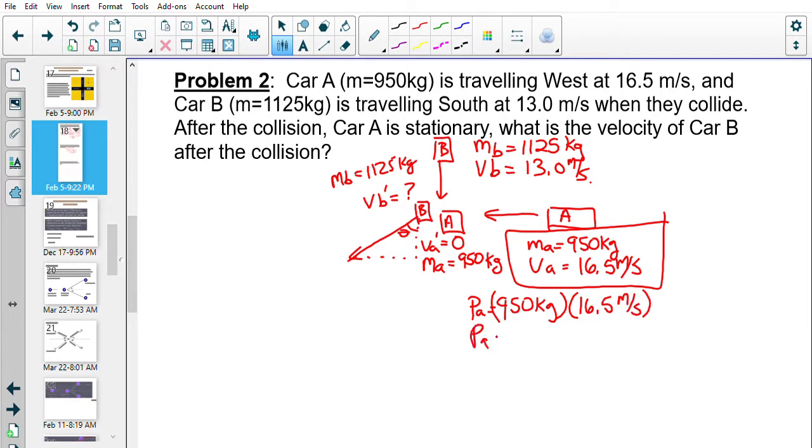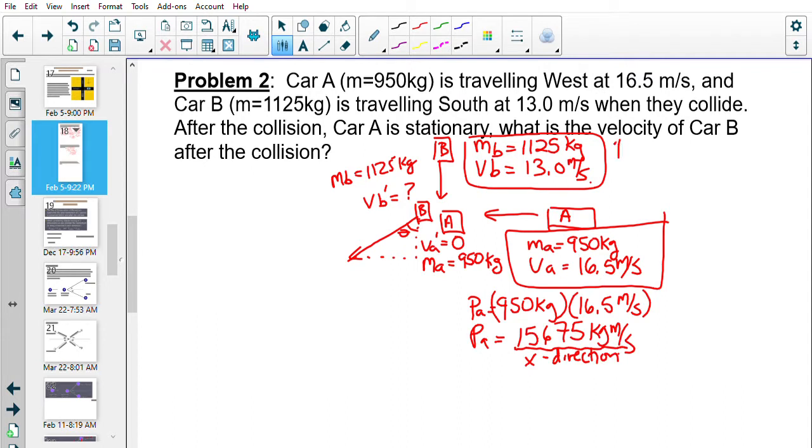And so my initial momentum in the A direction is 15,675 kilogram meters per second. We'll do the same for object B. So this, by the way, the A, this number right here, is my x momentum. It's all the x direction.